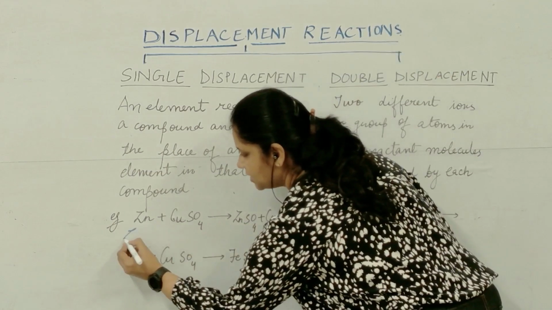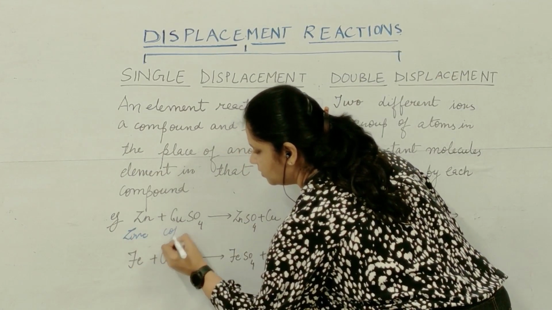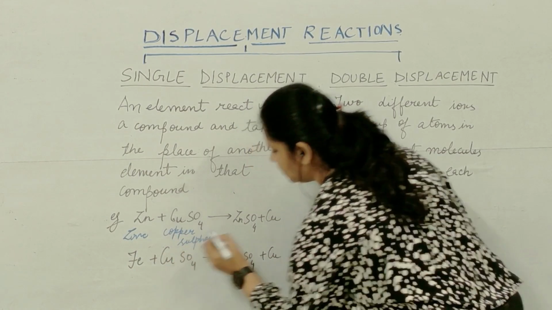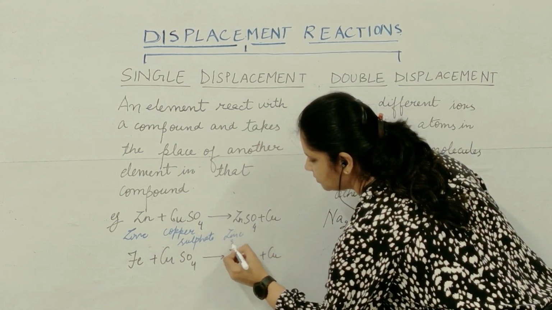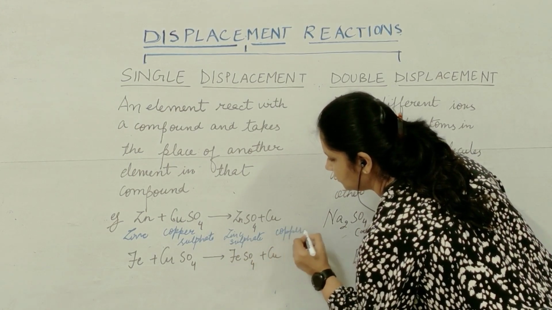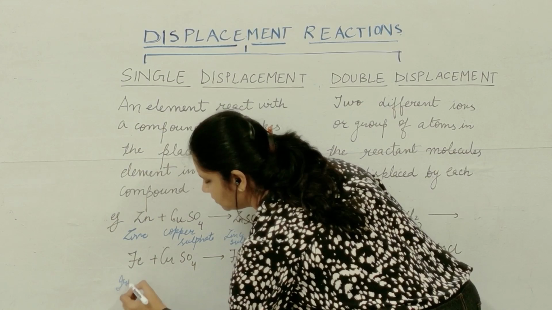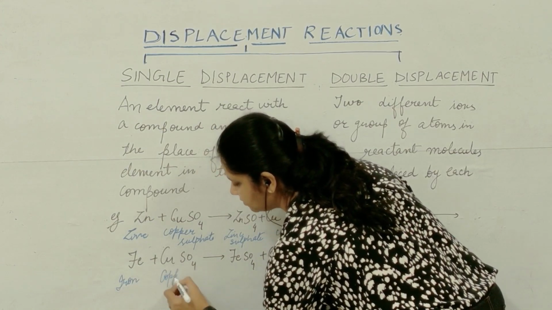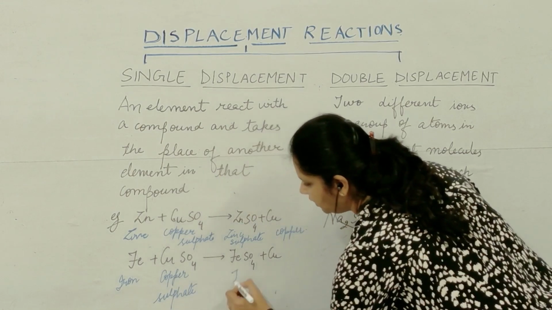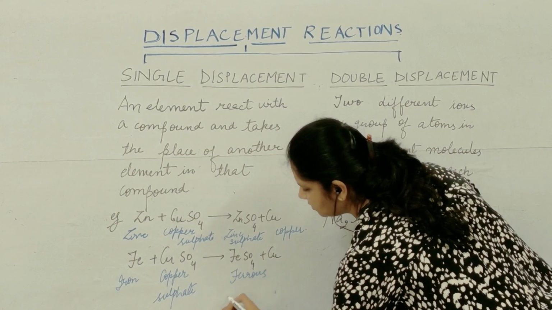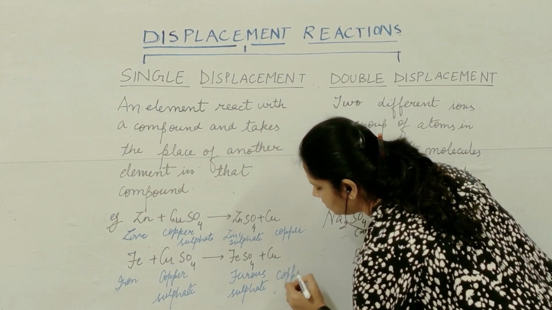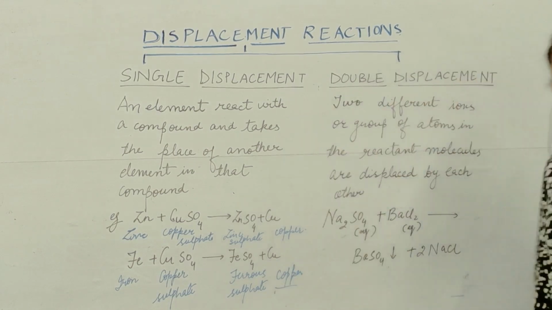Like here you can write zinc, copper sulfate, zinc sulfate, and copper. And this is iron, copper sulfate, ferrous sulfate, and copper. So this was single displacement reaction.